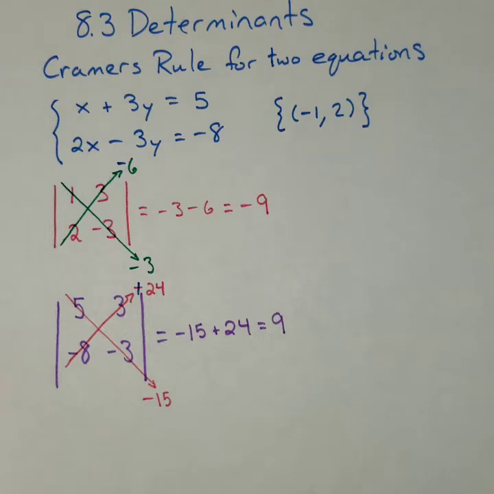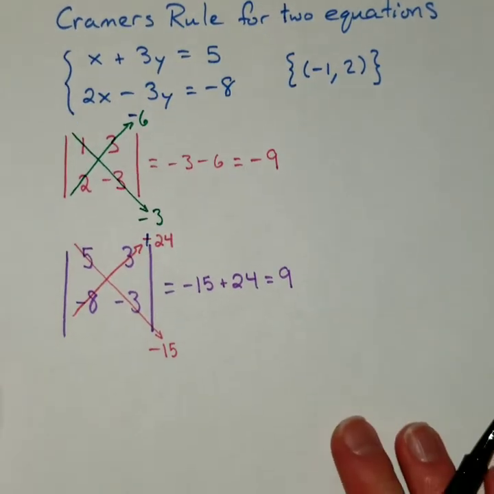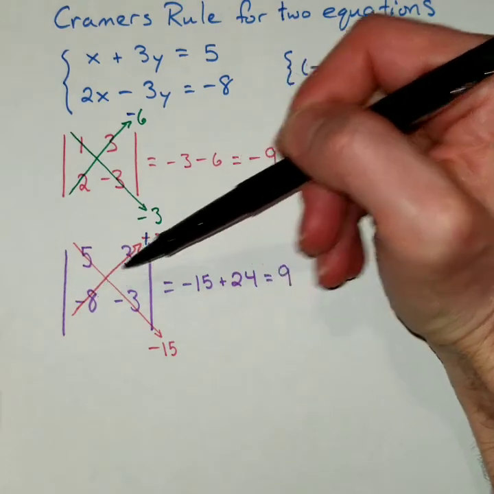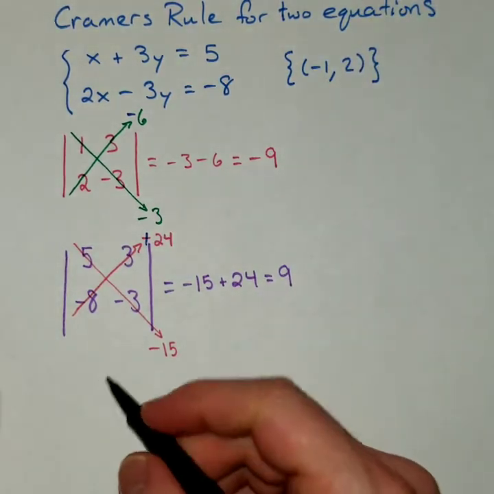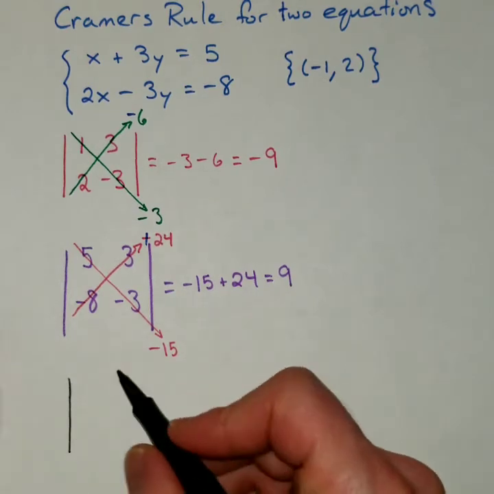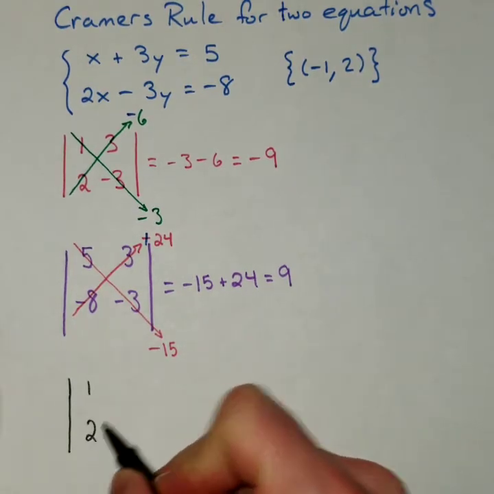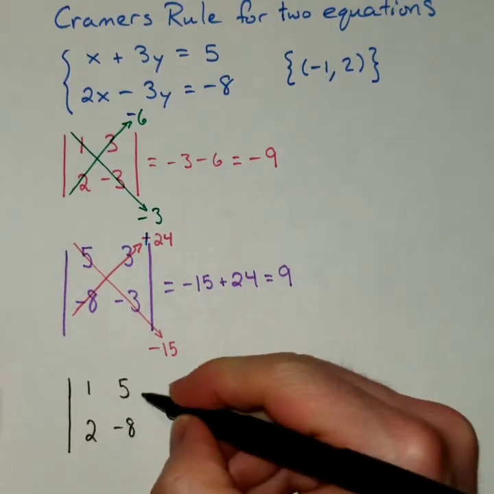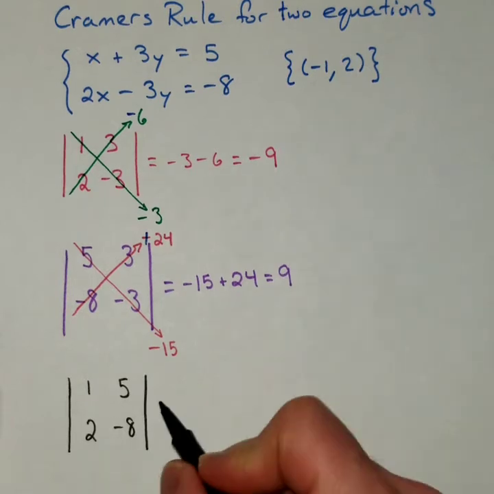The other matrix that's going to be interesting is, instead of replacing the x's with the constants, we replace the y's with the constants. And so your matrix ends up looking like 1, 2 going down, and 5, -8 for the second column.